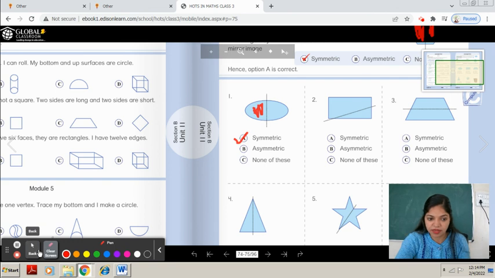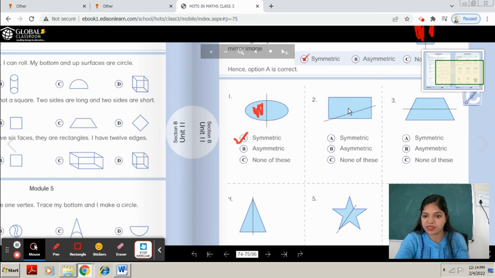Okay students, now move to the next, that is the second we have. You can observe this is a rectangle, right, and this is the line of symmetry. Now students, tell me which option is correct.